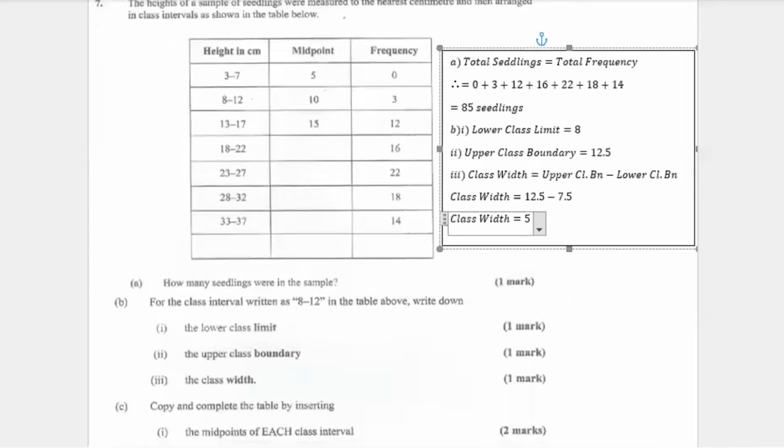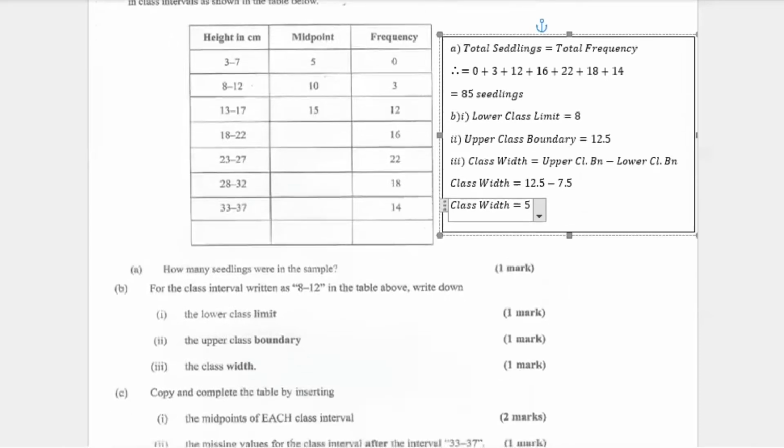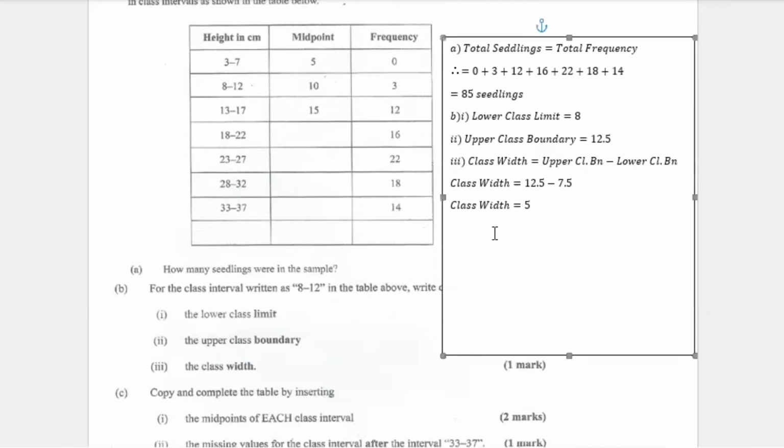So going again nicely. That is very good. Part C now says, copy and complete the table by inserting the midpoints of each of the class intervals. So let me just show you. Part C. A formula that you can use to calculate the midpoint is basically using the limits: you add the limits and divide them by 2.